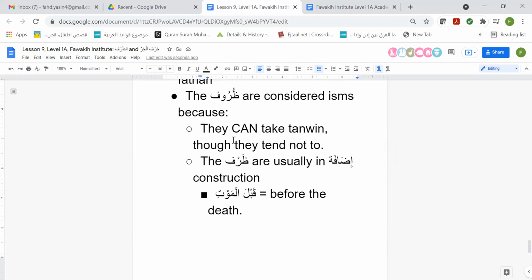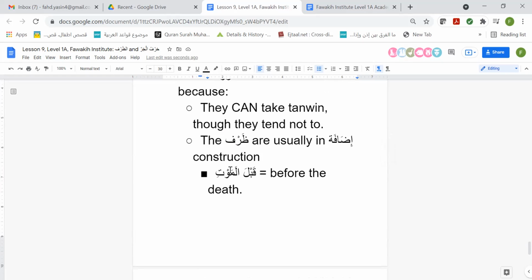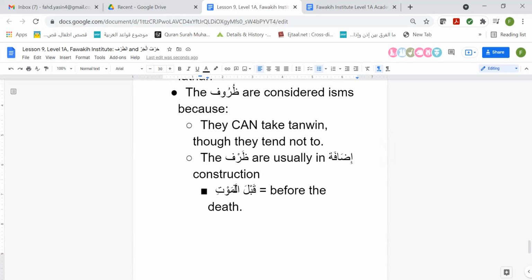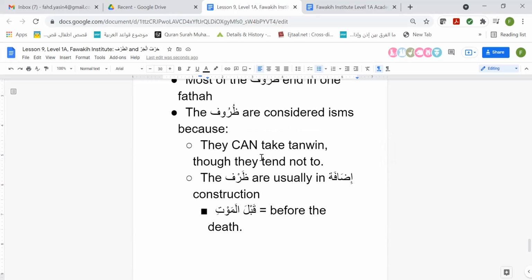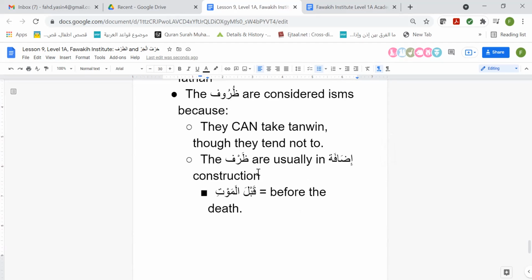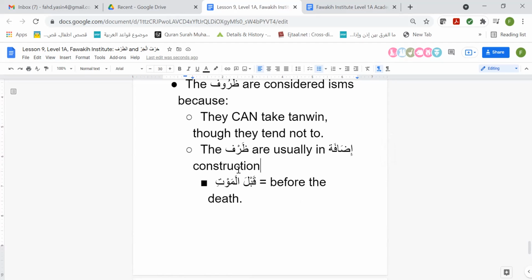So the reason why the dhuruf are considered isms is, number one, they can take tanween, even though they tend not to, but they can. And also the dhuruf are in idafa construction.